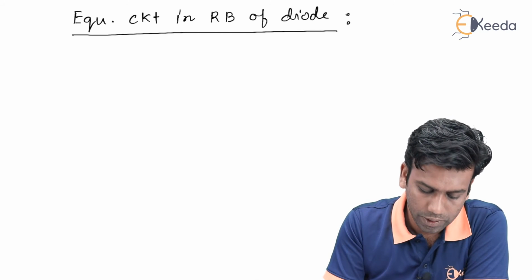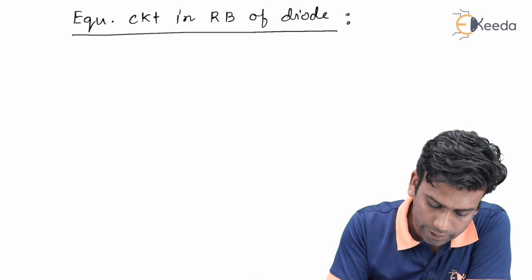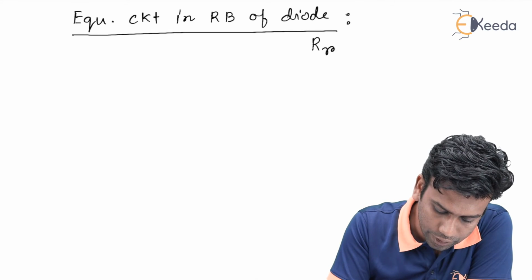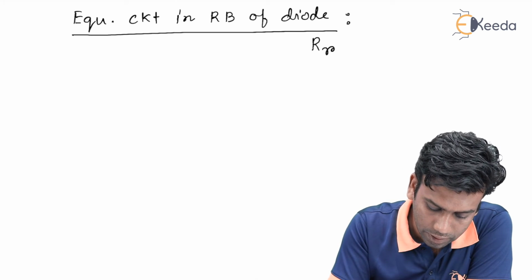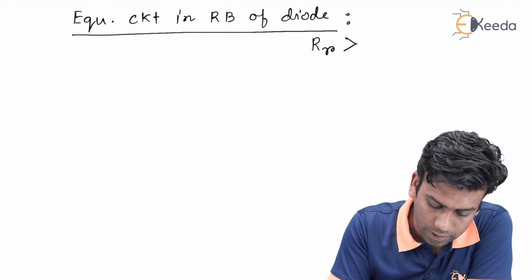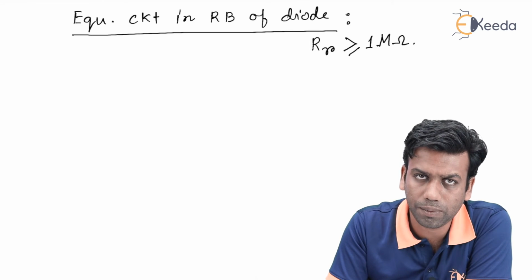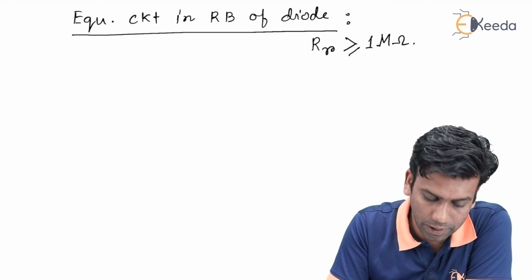As we know, in the reverse bias mode of the diode, the resistance of the diode, capital R small r, is very much greater than or equal to 1 megaohm, because a very little amount of minority current will flow across the junction of the diode.